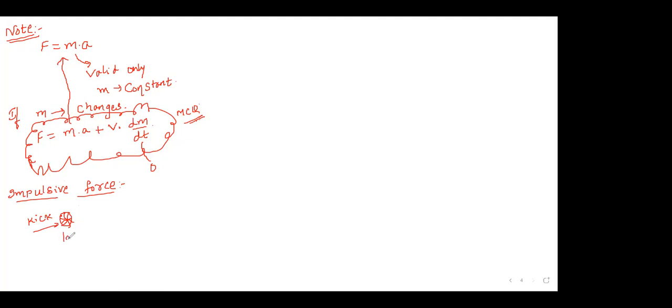We are applying a very large force. Good. And you can notice here, you can't give the large force continuously. You have to give that large force only for a short interval of time. That is what you consider as the impulsive force.